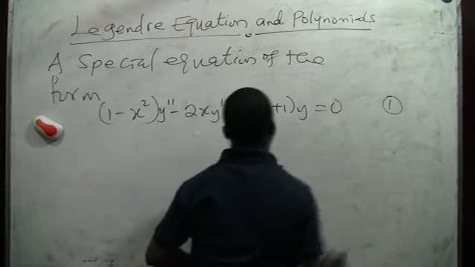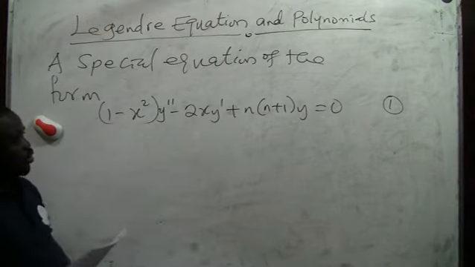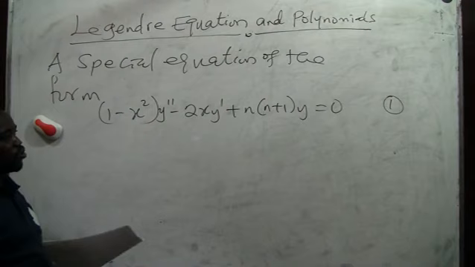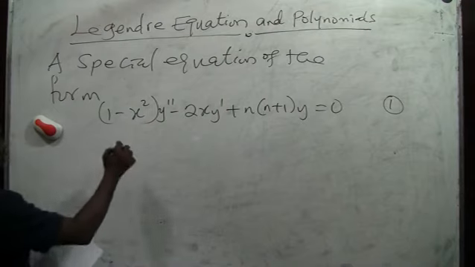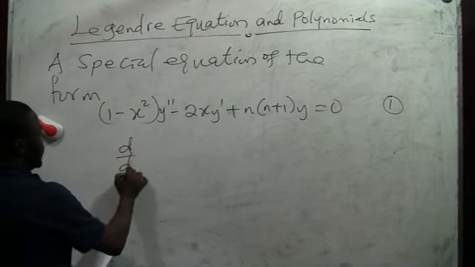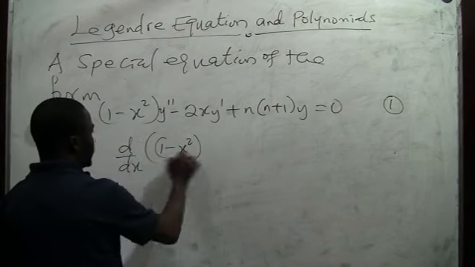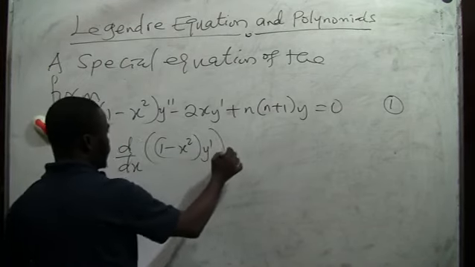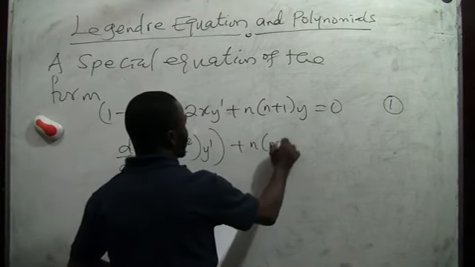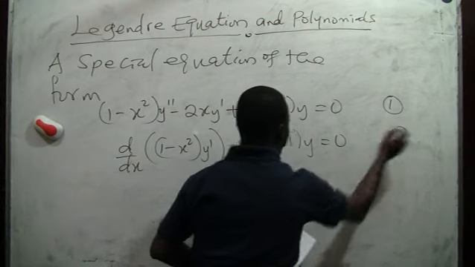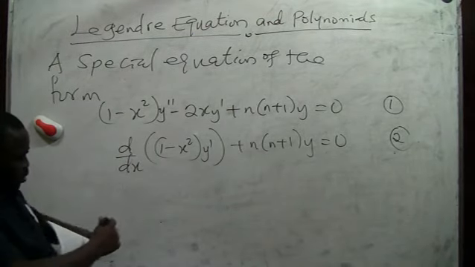Call this equation 1. This equation is what we refer to as the Legendre equation. And equation 1 can as well be rewritten as d/dx of ((1 minus x squared) y prime) plus n(n plus 1) y equals 0. Equation 2.